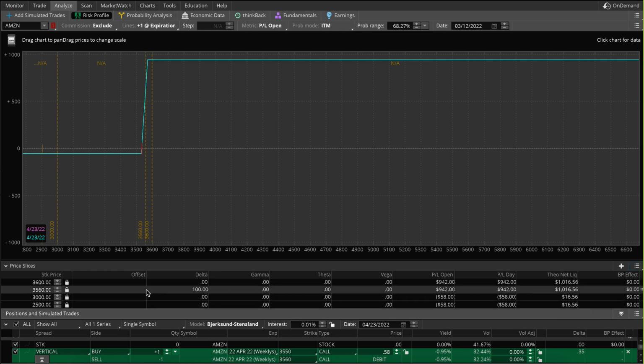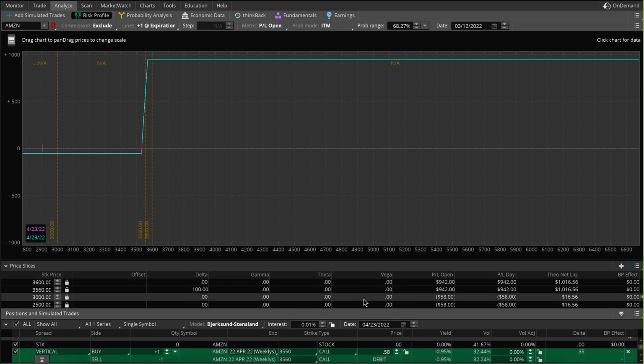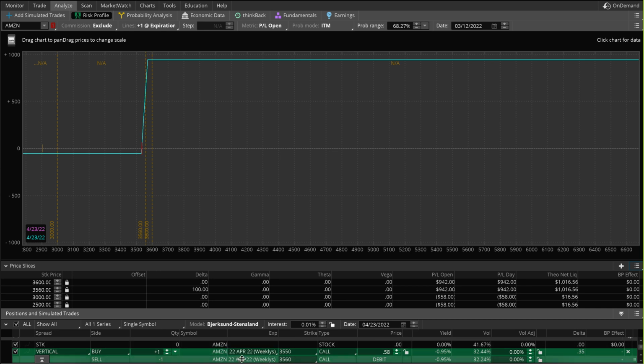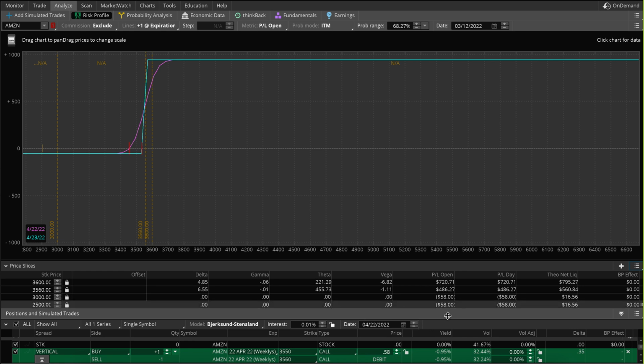All right, so if you look down here, this is a tool we've used in all of our past sessions, right? I put in a date of 4/23/2022, right? So expiration date is the 22nd, right? If we put the 22nd, it's going to show us what the scenario would warrant at the beginning of that day, whereas the 23rd will show us what our spread is worth at expiration, right?